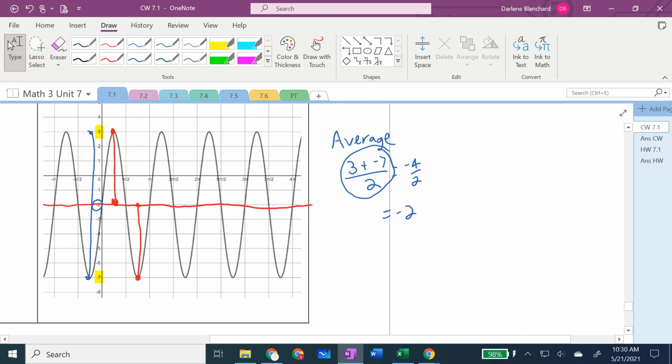So if you find the actual distance between the high and the low point, and then you divide by 2, that will give you your amplitude.